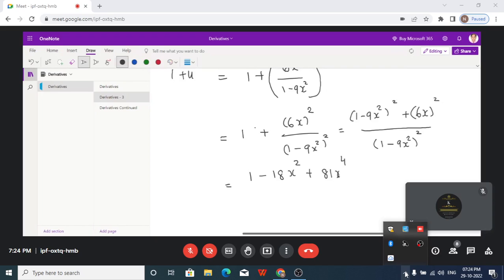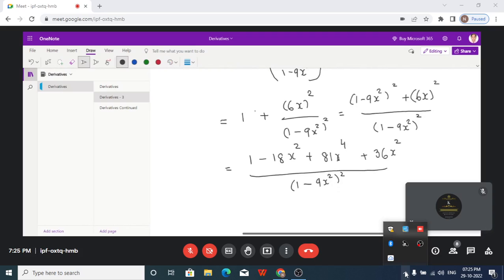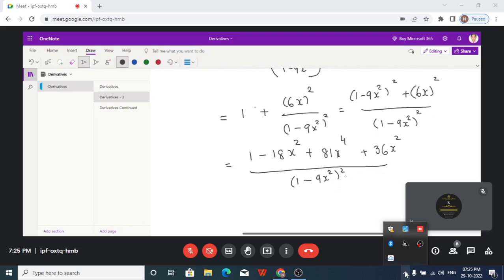Right? 1 minus 9x square the whole square, I have expanded, plus 36x square, whole divided by 1 minus 9x square the whole square. We should not expand this and keep it as it is, because it will get cancelled out later.